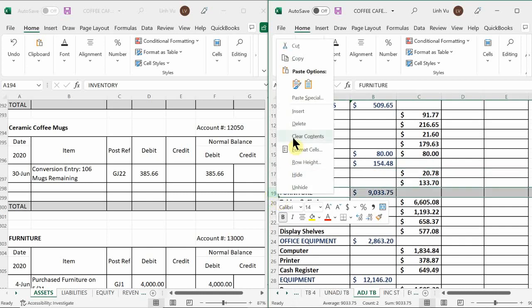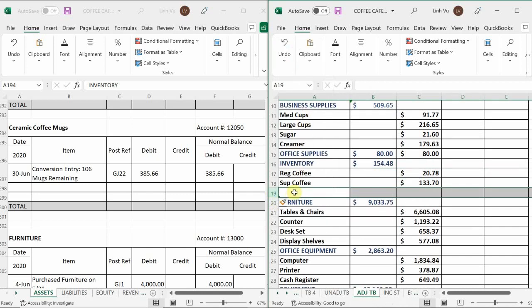Okay? And I need to change the formula for my inventory because now it includes a third inventory item. I have my regular coffee, Supreme coffee, and my ceramic coffee mugs.